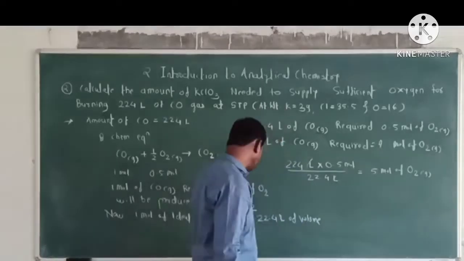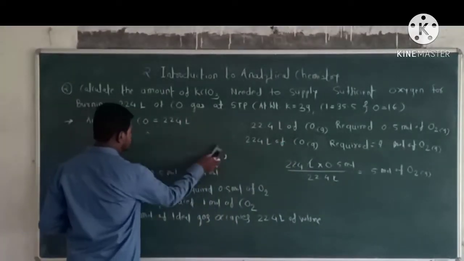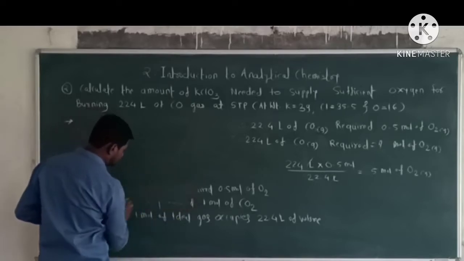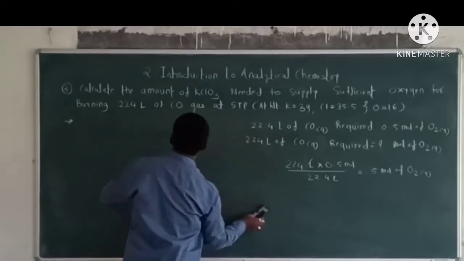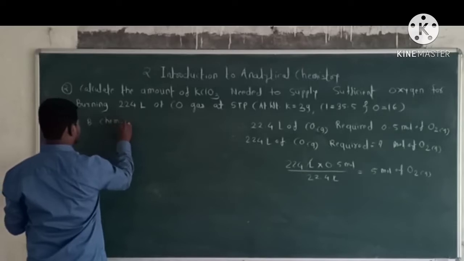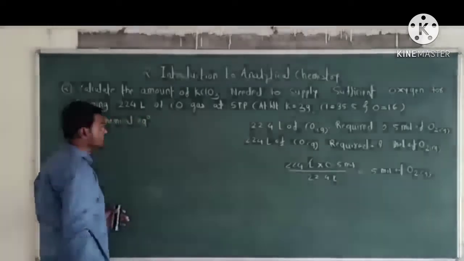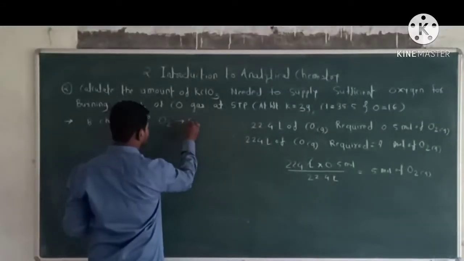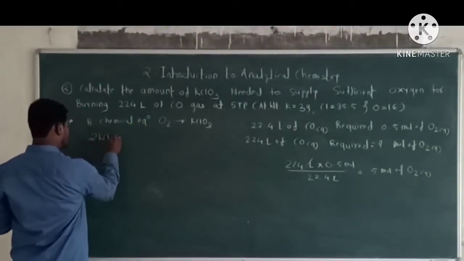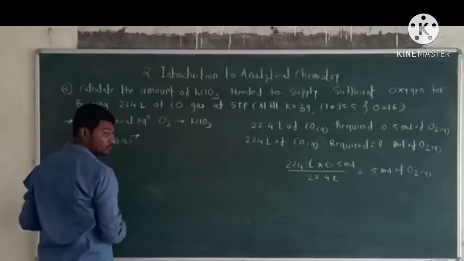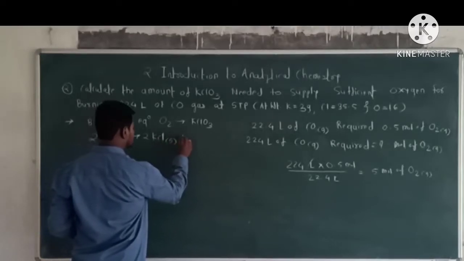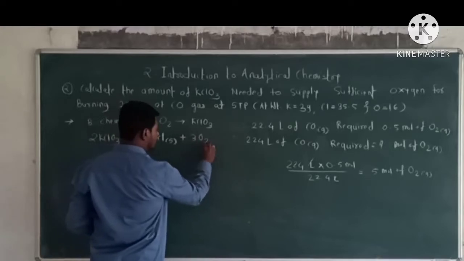Okay, now the balanced chemical equation for the production of gaseous oxygen from KClO3 is: 2 KClO3 solid gives 2 KCl solid plus 3 O2 gaseous.